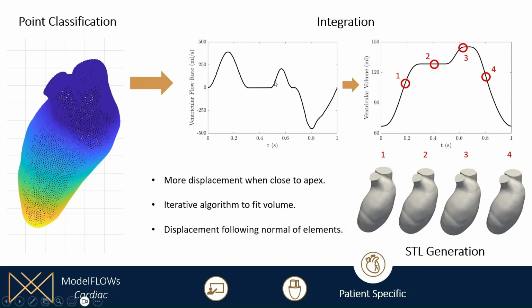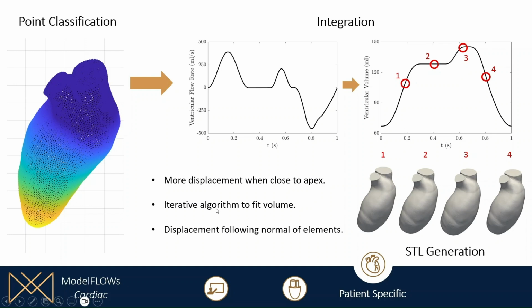We extract the volume variation by integrating the flow rate data, and define each time step of the ventricle using this volume variation. The thing is that here, as I said, the displacement will change when we are near the apex. We will have more displacement.